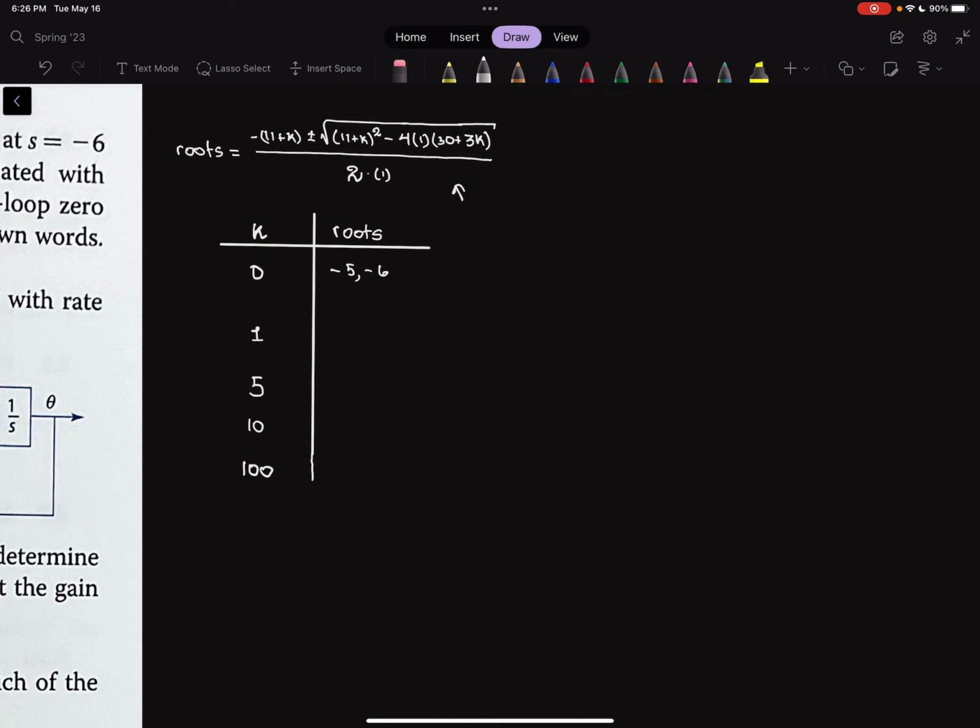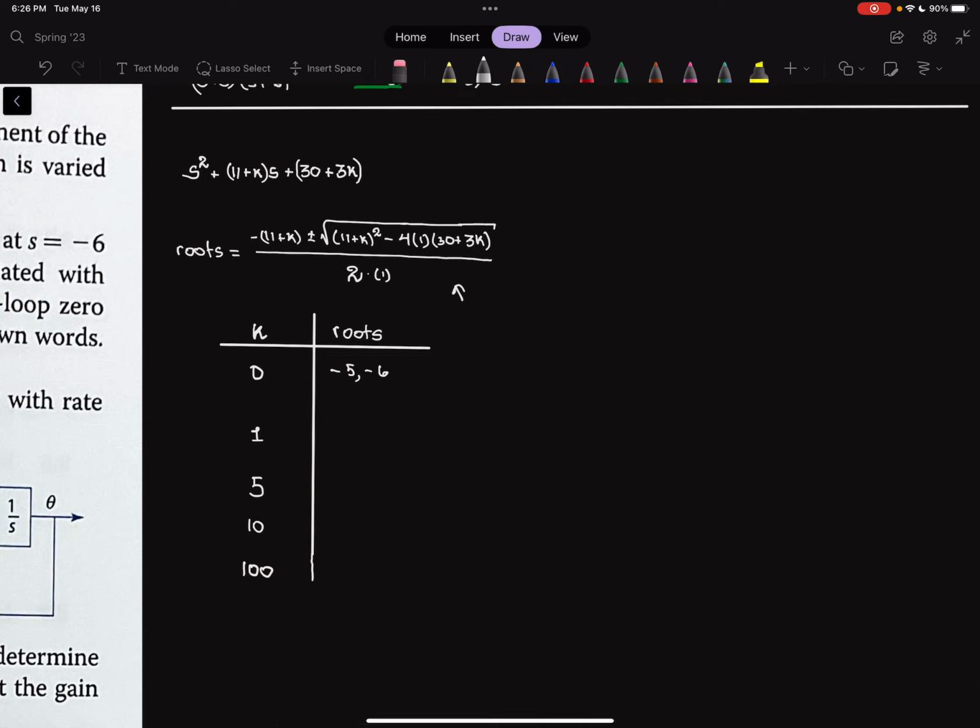Now we're going to do it again, but with the value of 1. So I'm just going to copy what I have, paste it, and put a value of 1 in. So this should be 1, this should be 1, and this should be 1. I would suggest doing this in MATLAB.